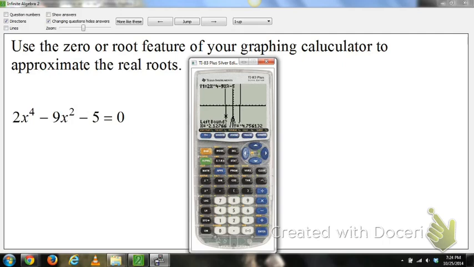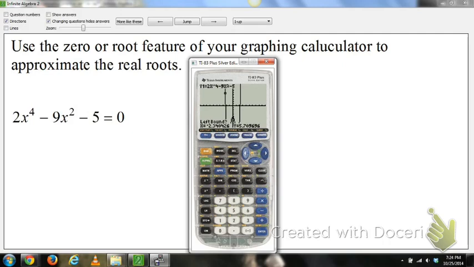Now, this is where a lot of students get fooled. If I want to make sure I'm to the left of that coordinate, I have to make sure that these crosshairs are on that side of where that 0 is. So I'm going to have to click the left arrow button until the crosshairs are to the left of it.